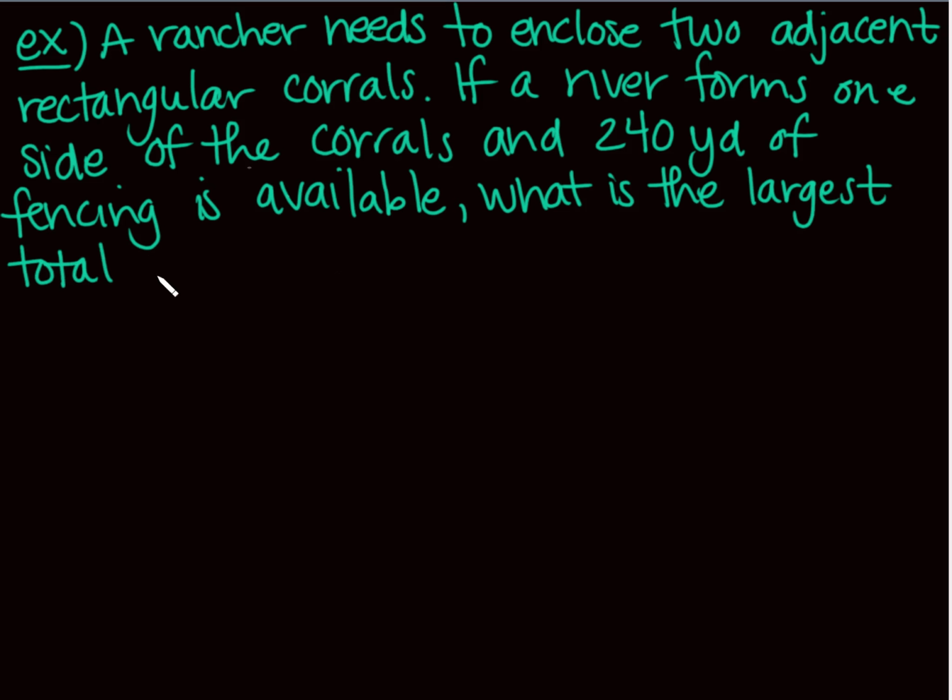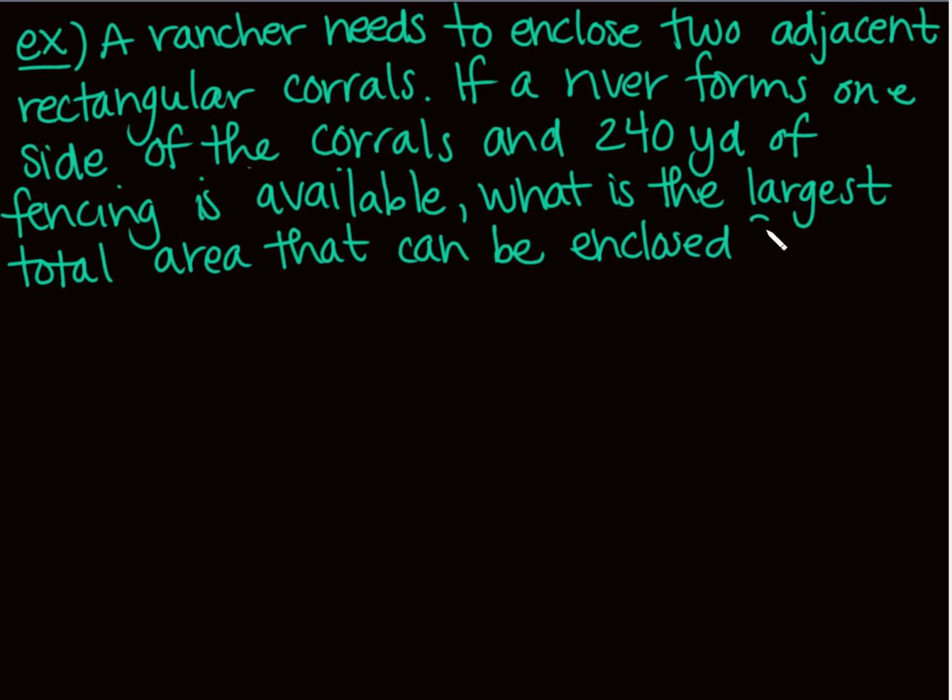All right. So steps of problem solving: read the problem, read it again, read it a third time, and then figure out what is important in the problem and what isn't as important. So let's draw a picture here. Oh, guys, I have different colors. So here's my river.